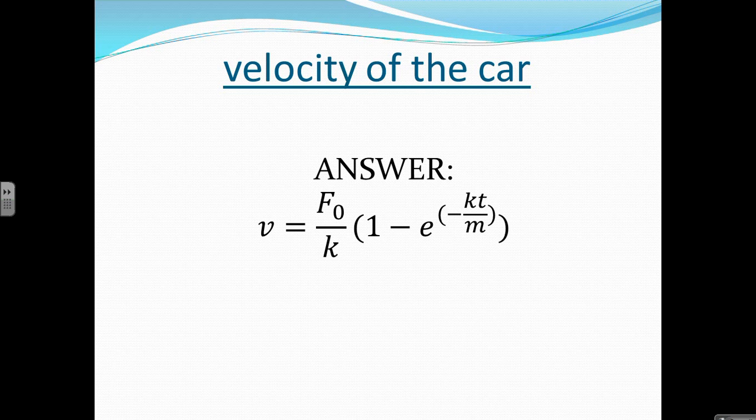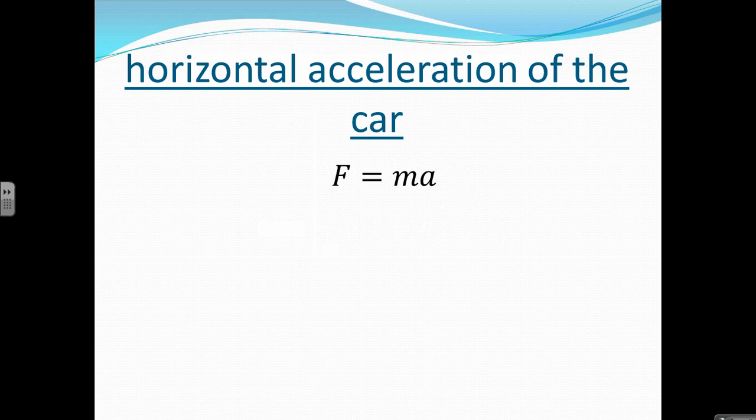The next one is a bit of a difficult question. It asks us to find the velocity of the car. Now, for C, you need to take the integral of the acceleration function we found in the previous question.